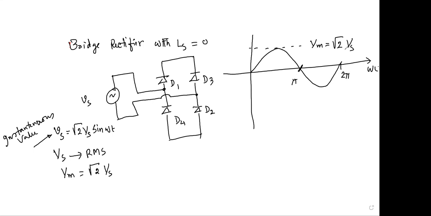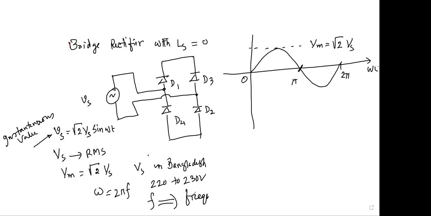What is the single phase RMS value in our country, Bangladesh? 220 to 240 volts. Actually, it is 234. And omega equals twice pi f. What is f here? 50 hertz.